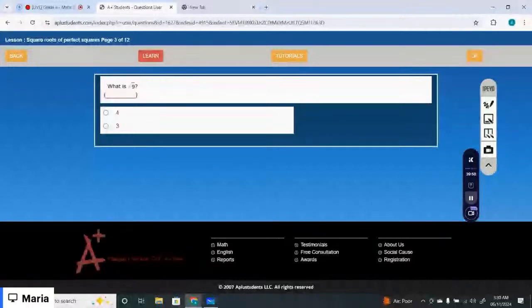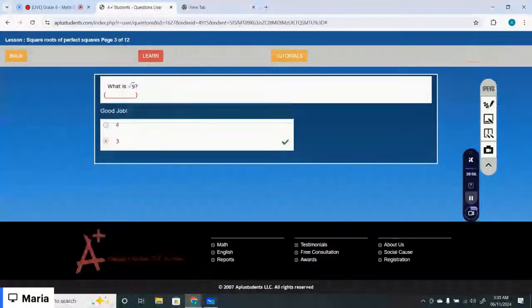It is 3 times 3 makes 9. So square root 9 is 3. Option number 2 is the correct option.